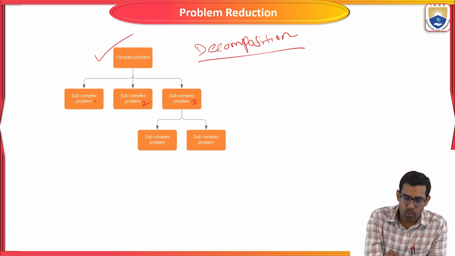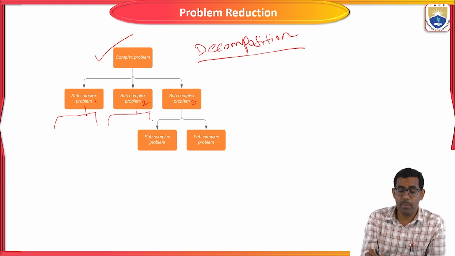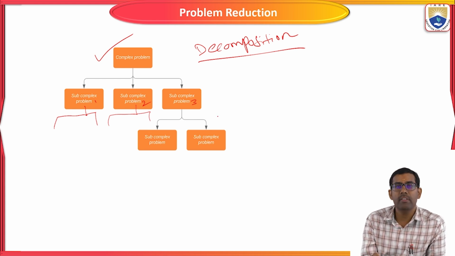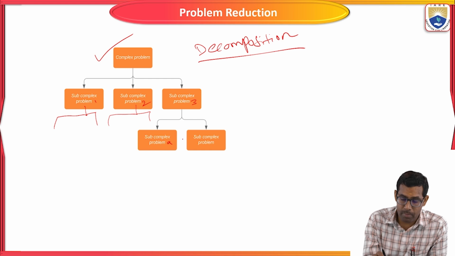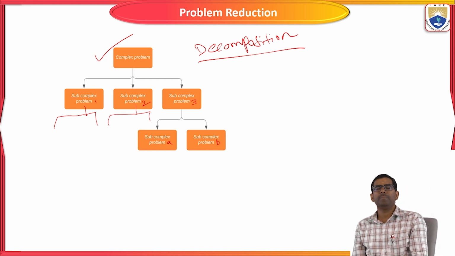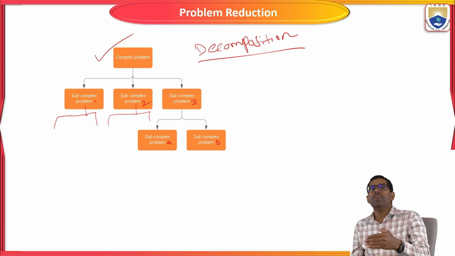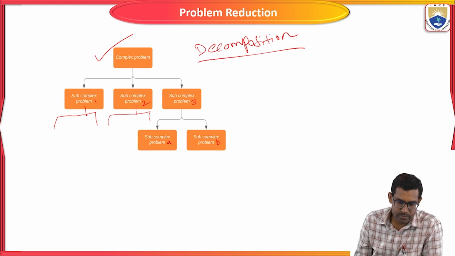Again, if you want to break down complex problem 1, you can do it. Problem 2 also you can do it. And problem 3 is subdivided into two parts: complex problem A and complex problem B. Like this, we break down the complete problem, dividing the entire problem into a number of pieces.